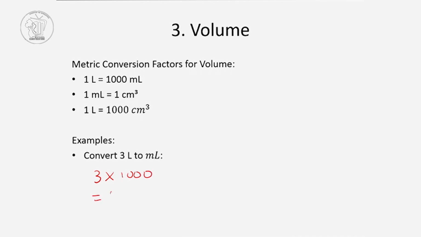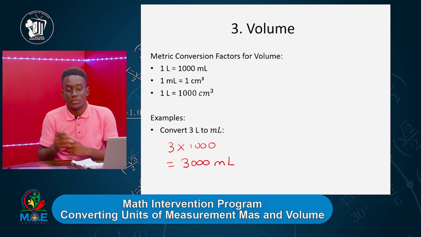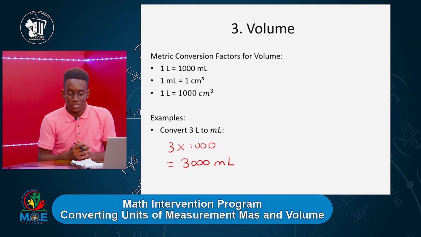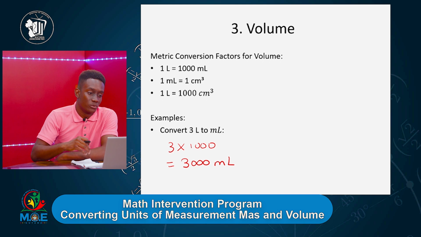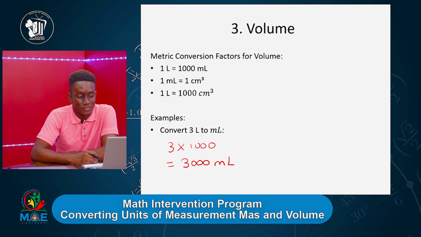So this will give us 3000 milliliters. And that is how we convert between liters to milliliters. Because liters would be the larger, we have to multiply to get to milliliters.